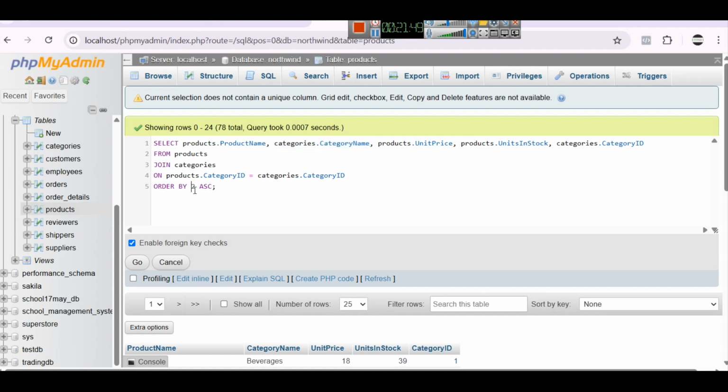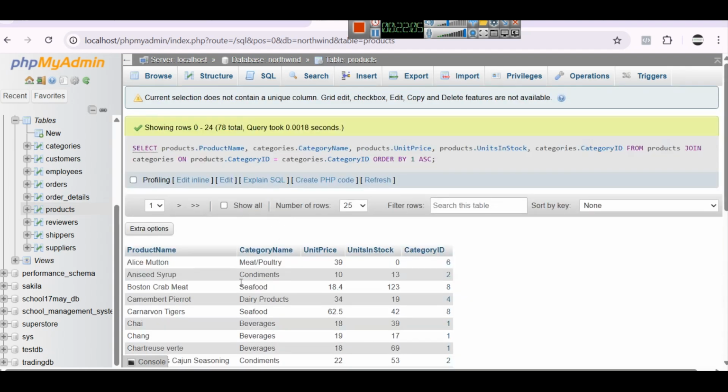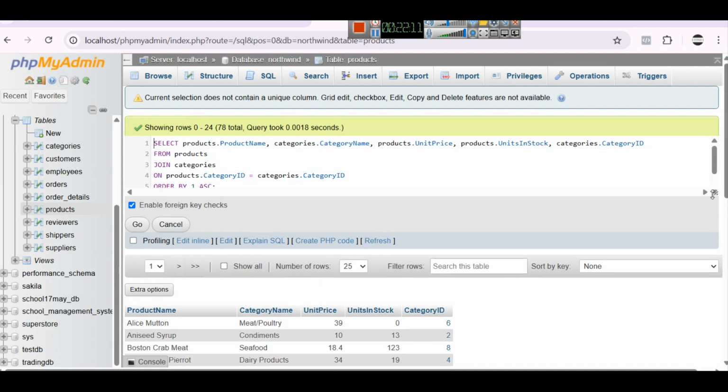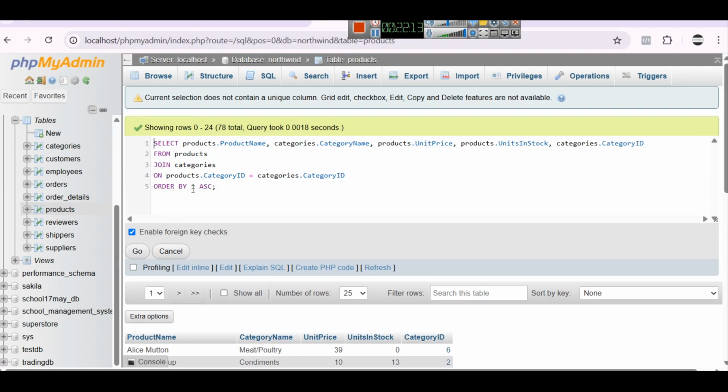So if I write 1, that means we are ordering by product name, the first column. Now you can see A, B, C.